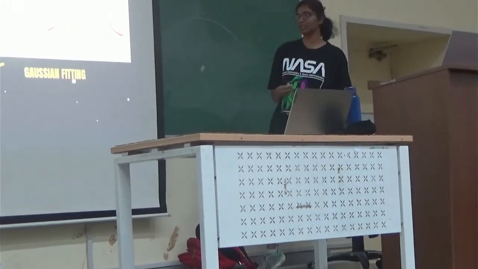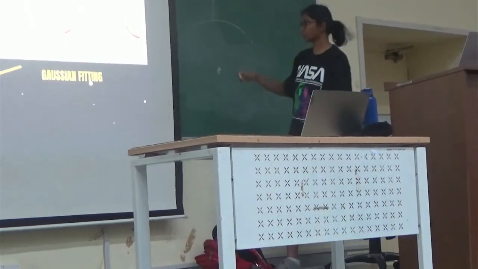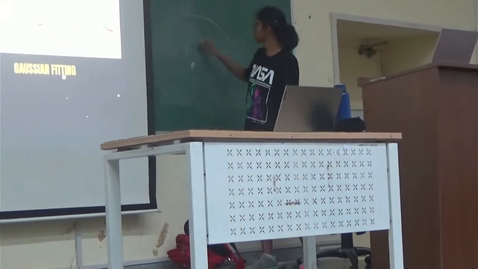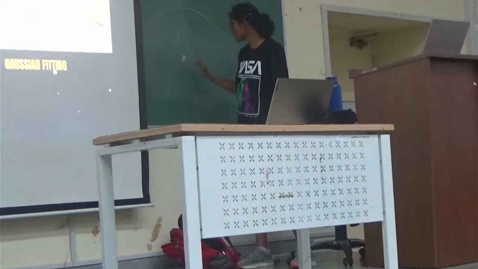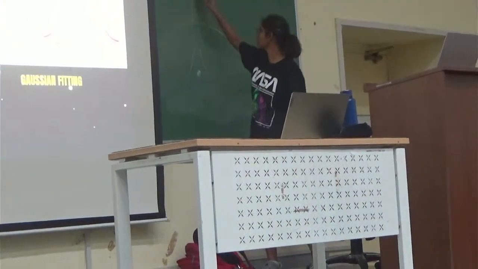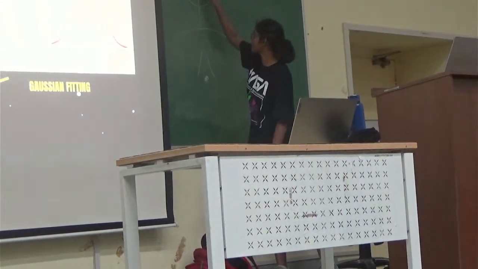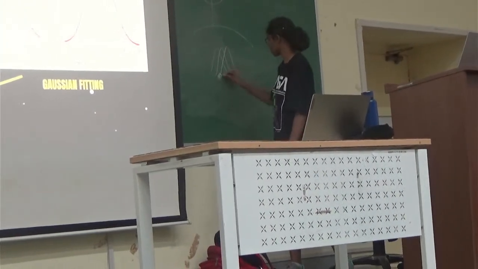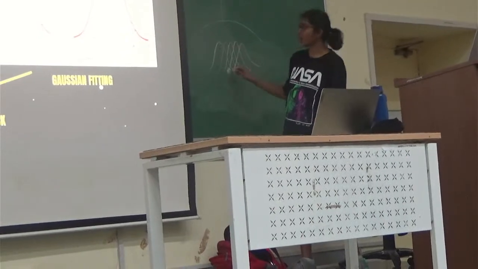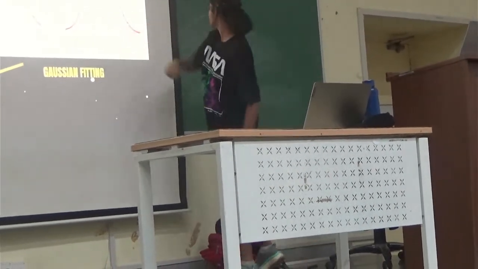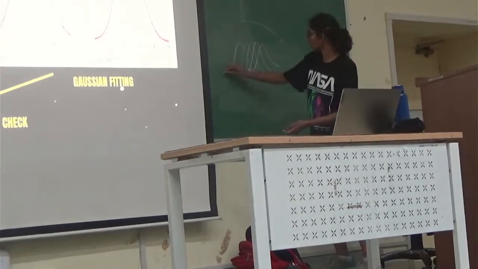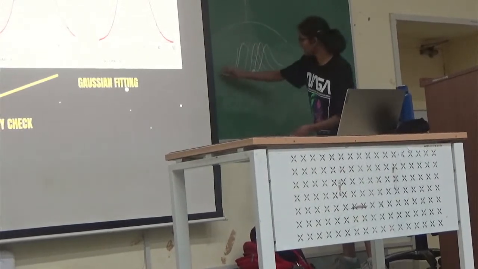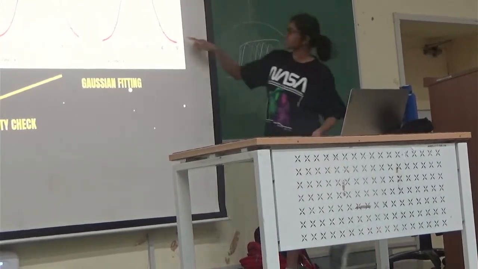When they are scattered randomly, that gives me a Gaussian distribution of the intensity versus the distance. Each point is going to give me a distribution like this. All of these Gaussian distributions, as you can see here as well, will add up to give me a final data like this.